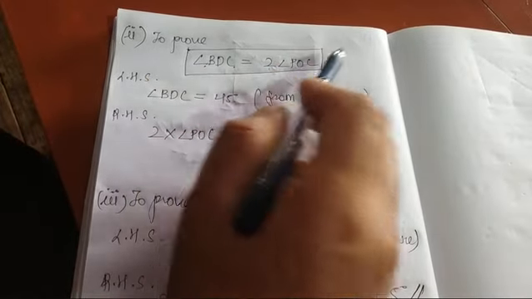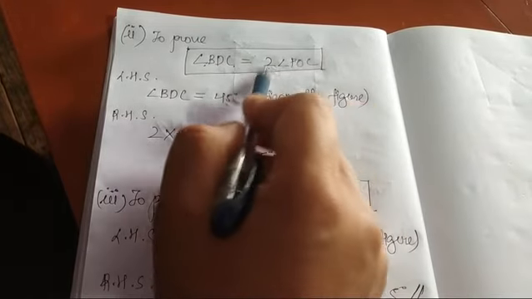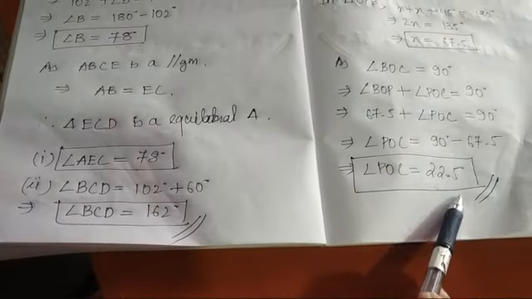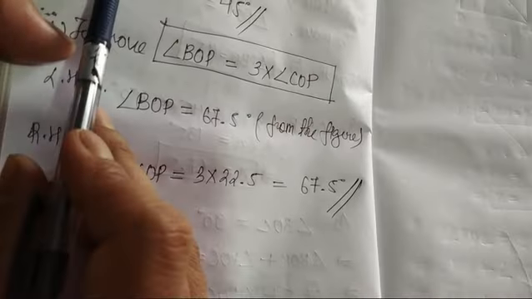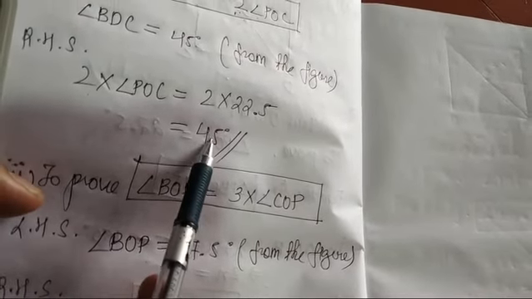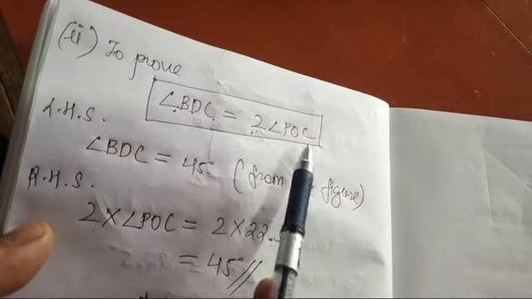Remember POC we have got 22.5, and if you multiply 22.5 into 2, you'll get 45 degree. So the right hand side, 2 into POC, is 45 degree.